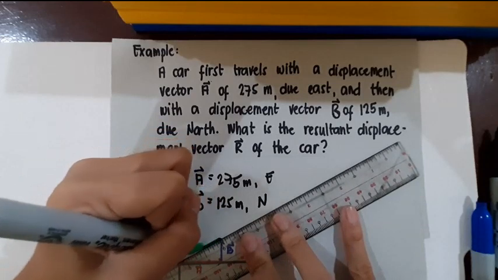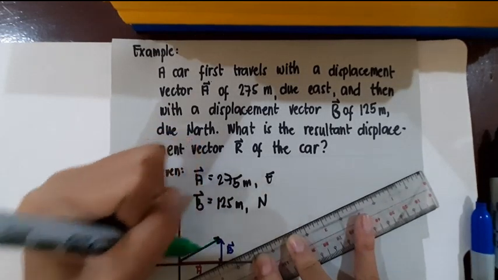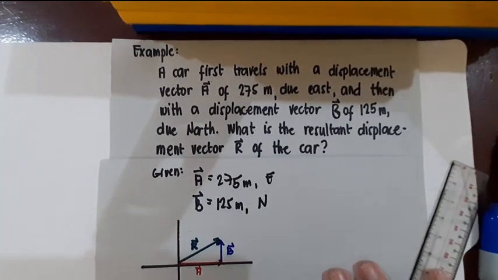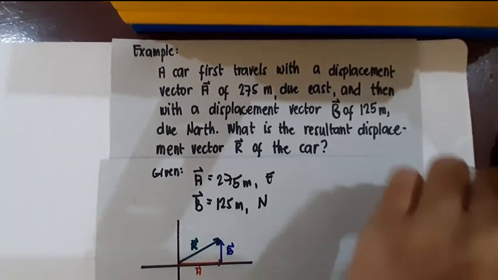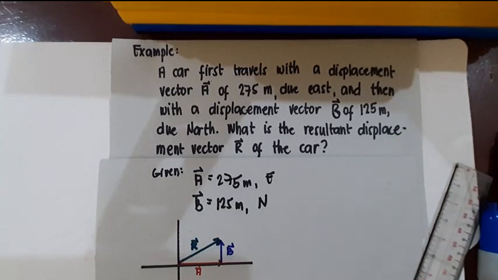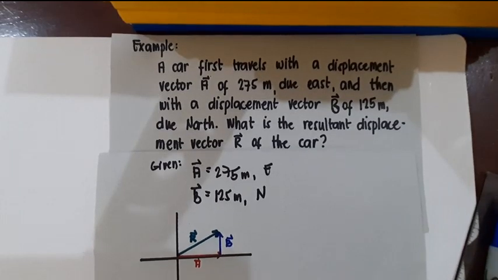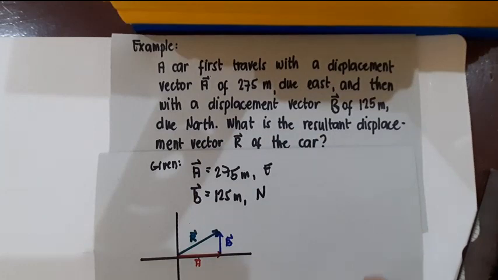So you just solve for the R. How to solve for the R? You follow the Pythagorean theorem. What's your Pythagorean theorem? That's basically c squared is equal to a squared plus b squared.